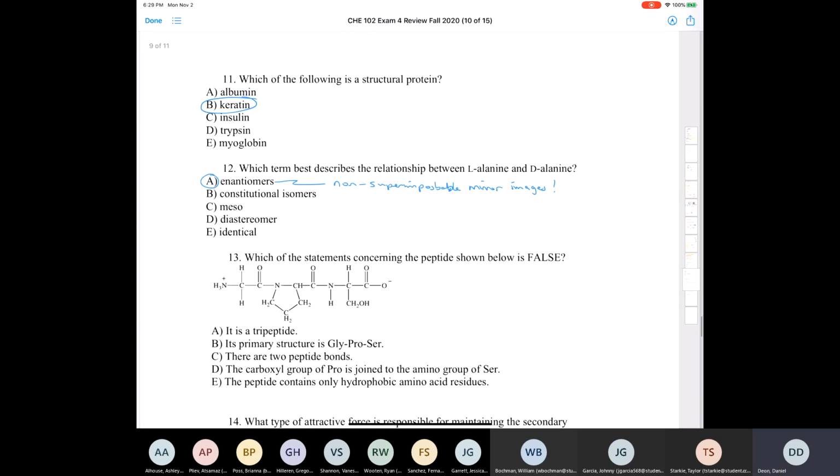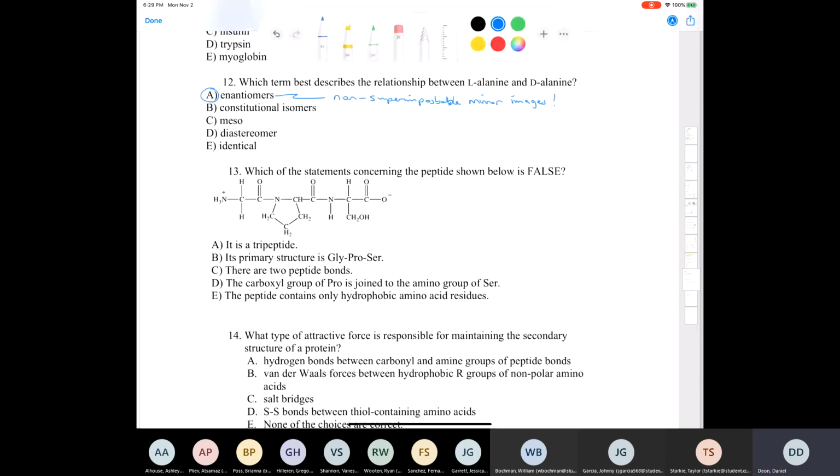The next one shows a, oh, I'm giving away the answer. Yeah, it's asking us which of the following statements are false. I'll give you a second. Again, to answer this one, you'd have to have a cheat sheet that showed you all of the natural amino acids, which I will provide if you need it. But could anybody answer 13?